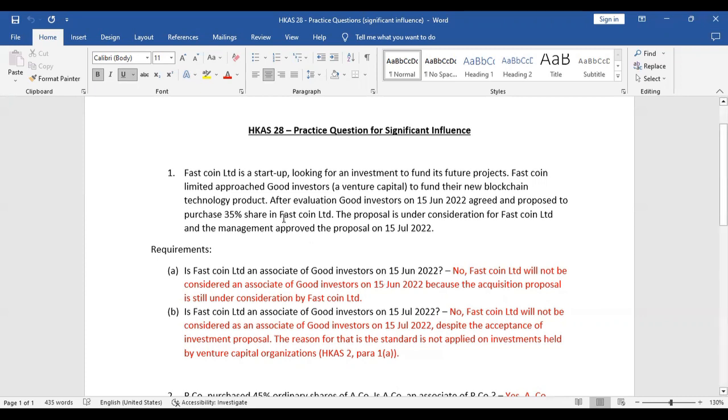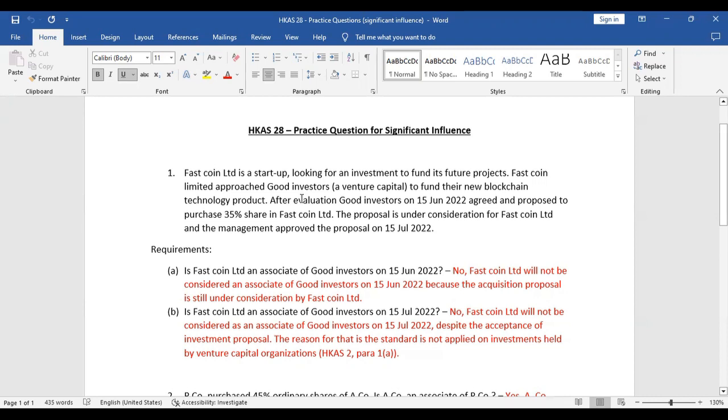Let's look at the first question. Fastcoin Limited is a startup looking for an investment to fund its project. It's a startup company looking for funds to finance its future projects. They approached a venture capitalist called Good Investors for their new blockchain technology product.